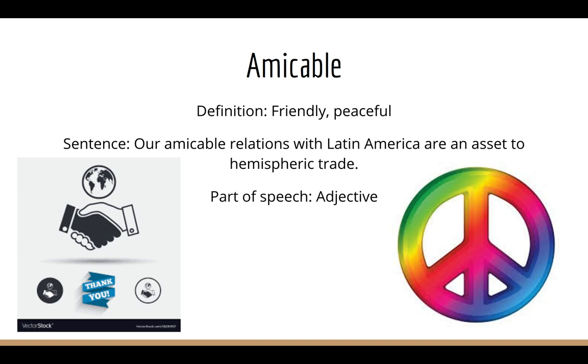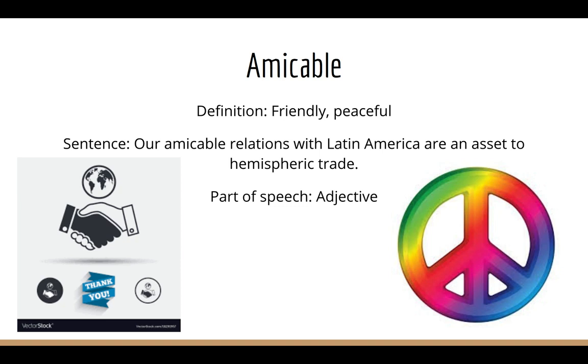Any questions? Here, when they say hemispheric trade, I think they're talking about the northern hemisphere and the southern hemisphere of the earth. Part of speech is an adjective. Can you think of a person that's amicable? Me. You are? Okay. Amicable Harshika.